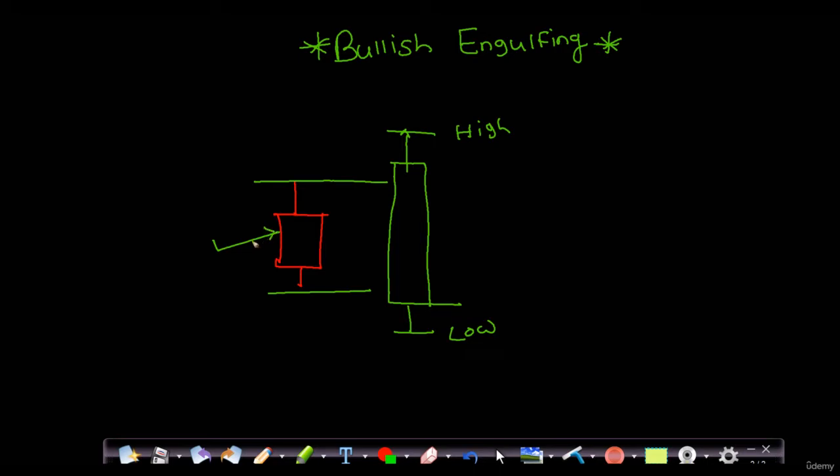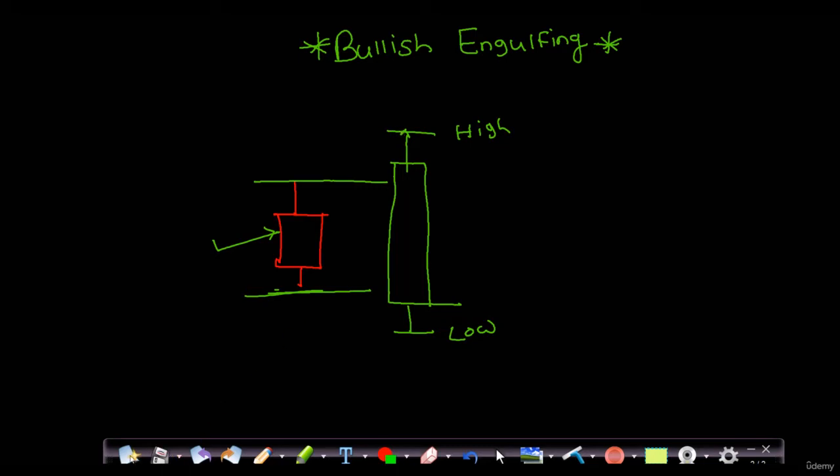The inside candle is nothing but the bearish candle. The low of the bullish candle is below the red candle and the high of the bullish candle is above the red candle. So it represents full buying.